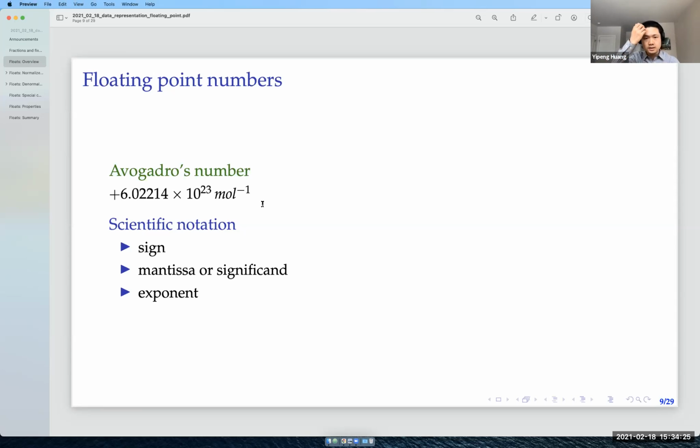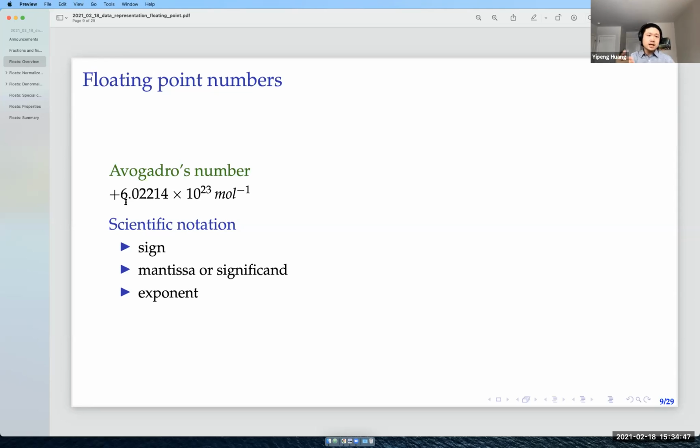This is a review from chemistry or physics, where we often want a number that describes a really large collection of particles, atoms, molecules, and so forth. And it would be really cumbersome to write this number out as a number of 23 digits.